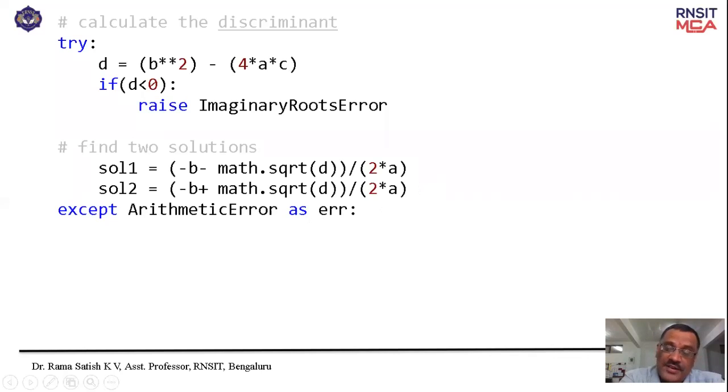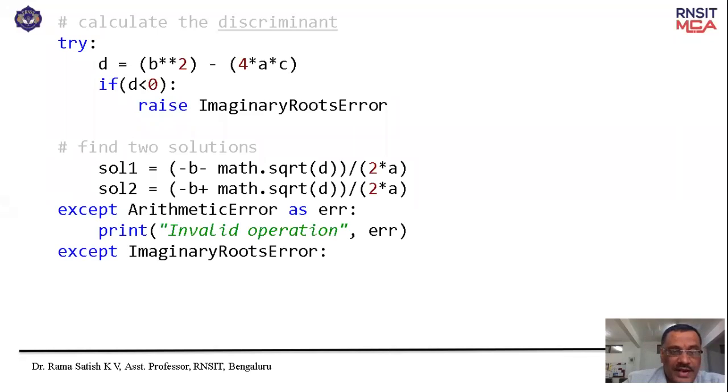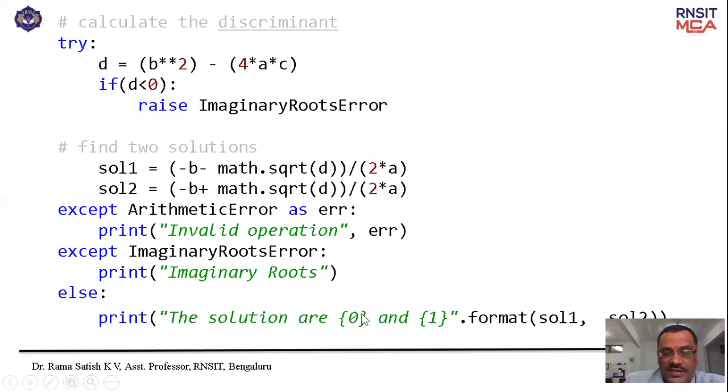Anything divided by 0 is infinity, which is an arithmetic error, and that we will write as invalid operation error. And in except ImaginaryRootError, you write imaginary roots. Else, the solutions are: first solution is solution 1, second solution is solution 2.